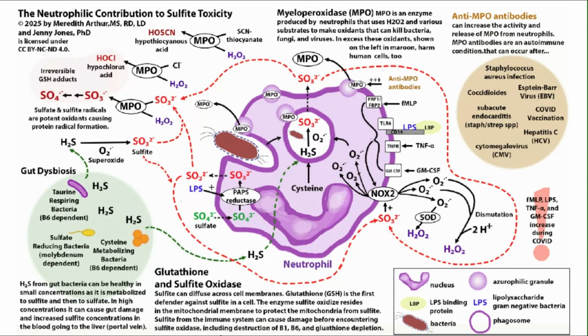So this is a diagram that I made to try to explain why neutrophils would be producing more sulfite. So if you look along here, there's all these receptors along the neutrophil. We have a lot of neutrophils in our portal blood, like along the gut-associated lymphoid tissue, and the goal of that would be engulfing the bacteria.